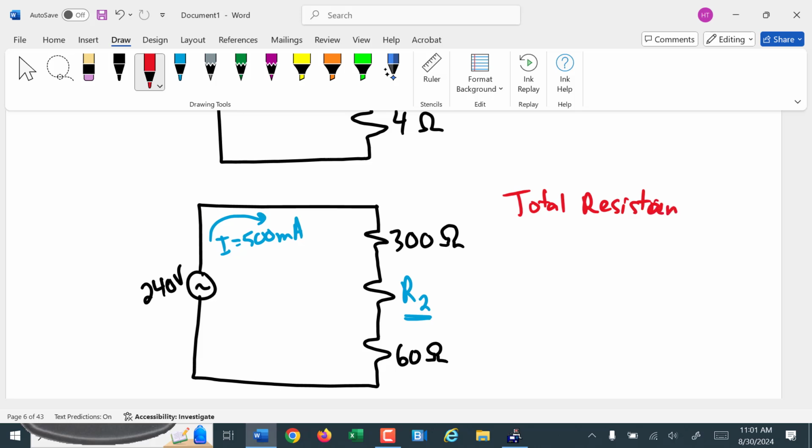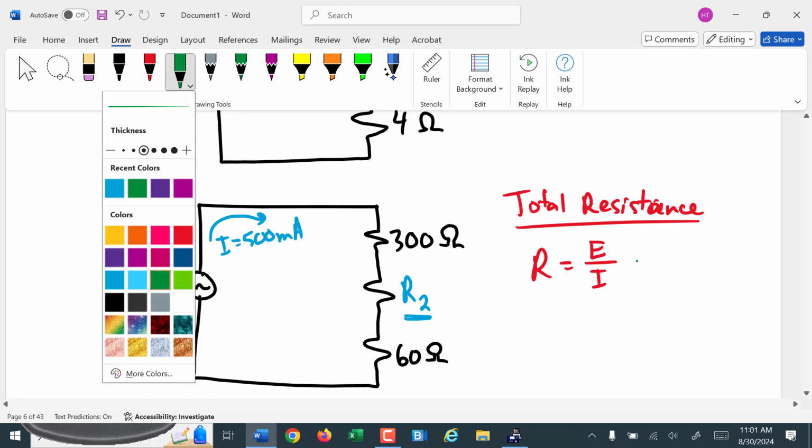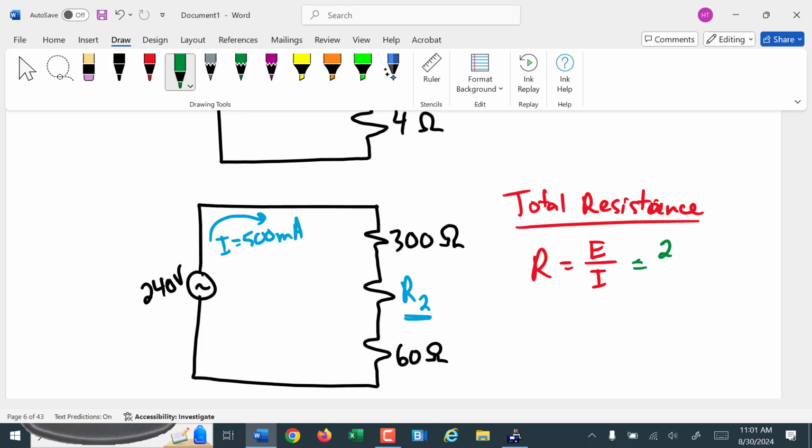How would I find the resistance of R2? Well, I would start out by finding the total resistance. We might say, well, I can't add them up, one of the resistances is missing. But we can use Ohm's law to find the total resistance. Resistance is voltage divided by current.